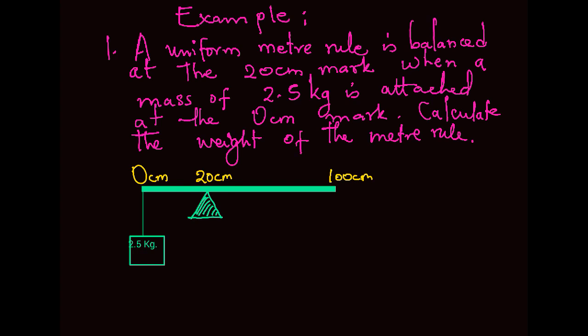First, we have to understand that the weight will always act at the center of any object. So if this meter rule is able to balance when a mass of 2.5 kilogram is hung on one end, then it means that the two forces that cause this state of equilibrium are the mass of 2.5 kilogram and the weight, which will act at the center.